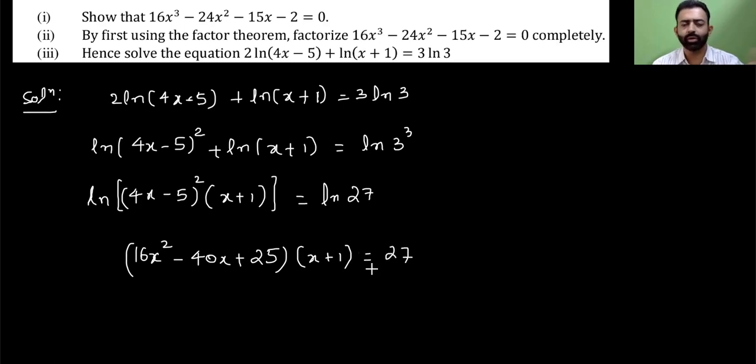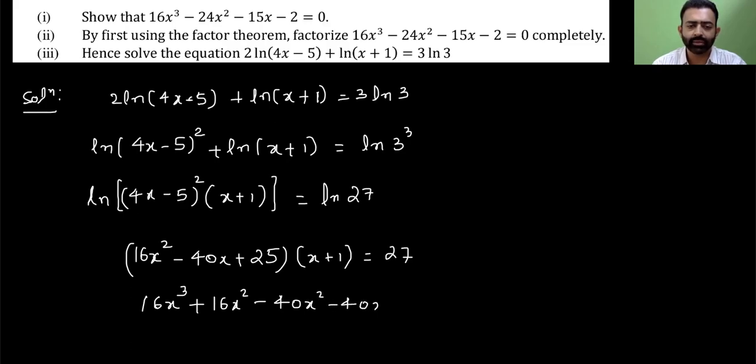I have removed logarithm from both the sides. Now multiply this with x factor, so you will get 16x cube plus 16x square, then minus 40x square minus 40x, and then 25x plus 25 is equal to 27.